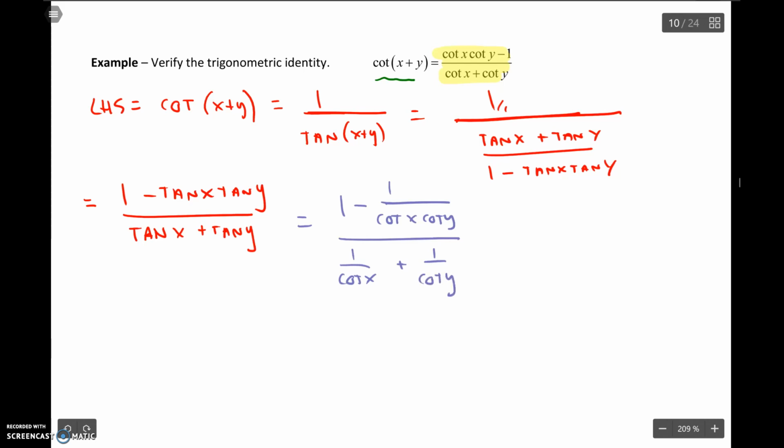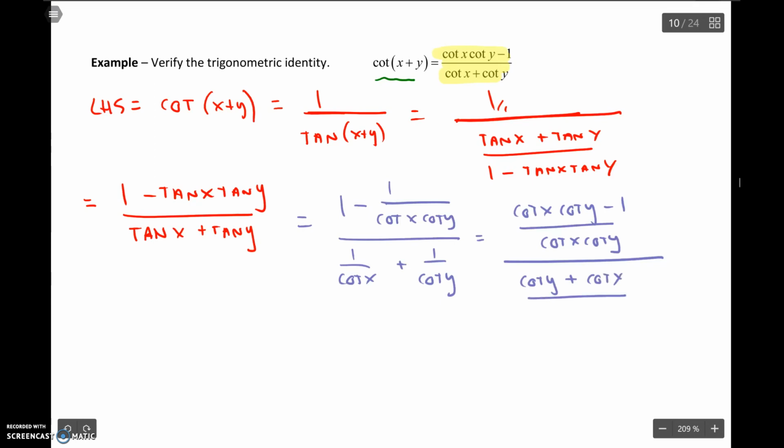All right, so let's combine our fractions and then multiply by the reciprocal, all that goodness. Common denominator here, so this is cotangent x, cotangent y minus 1 over cotangent x, cotangent y. And this is going to be multiplied by cotangent y, so this is cotangent y plus cotangent x, over the product cotangent y, cotangent x.